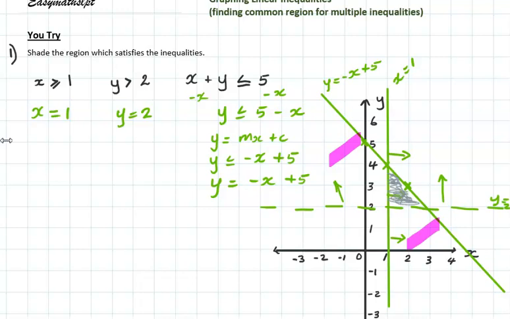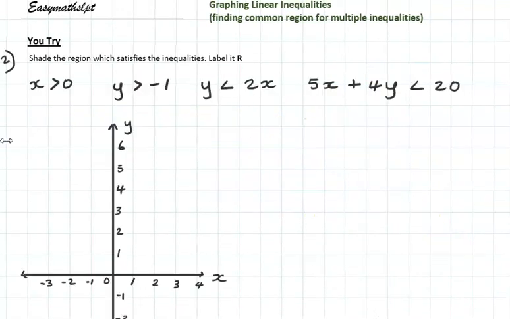For x is greater than or equal to 1, it's going in this direction. And for y is less than or equal to negative x plus 5, it's going in this direction. So they're all meeting in this region. Now we can always check to know if we're correct by selecting any point within the region that we've shaded.